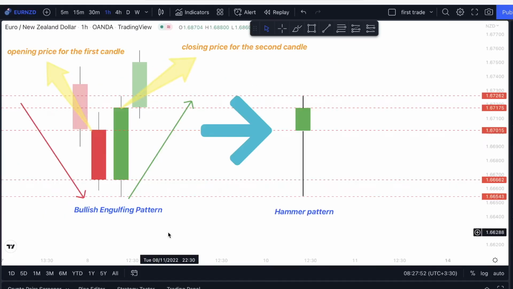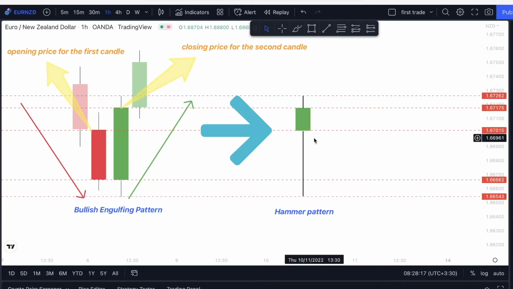As you can see, I have this bullish engulfing pattern here. The opening price for the first candle is here, and the closing price for the second candle is here, at this level. If we mix these two candles, we will have a single candle with the opening price at this level and the closing price at this level.